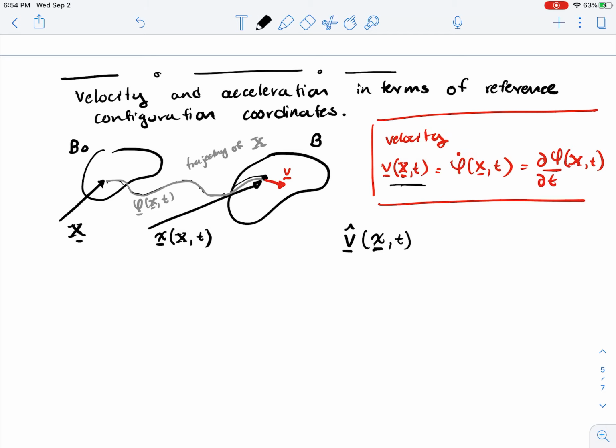The first one asks the question, what is the velocity of the particle that originally was at position capital X, but now at time t, whereas this one right here is asking what is the velocity of whatever particle happens to be at location lowercase x. So that is nothing but this v that I have right here, but instead of evaluating at the capital X, I evaluate at the inverse of the map, phi inverse of little x.